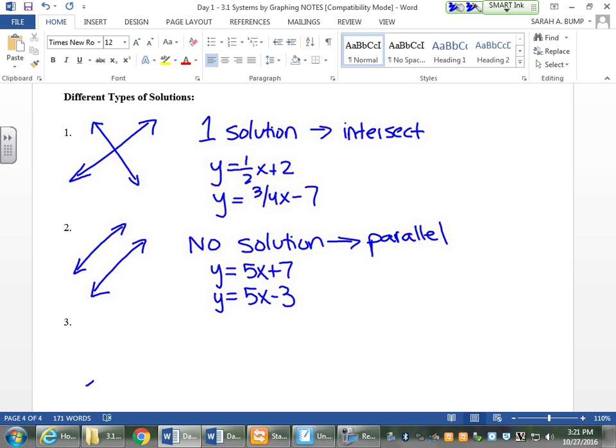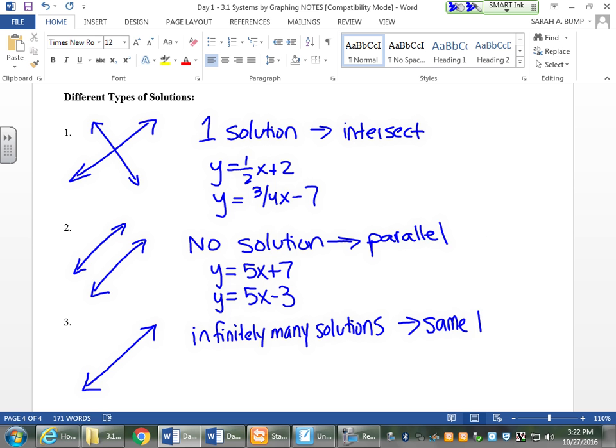And the last case was when the lines overlapped. So you only visually see one line. That was infinitely many solutions. And you would see the same exact line.